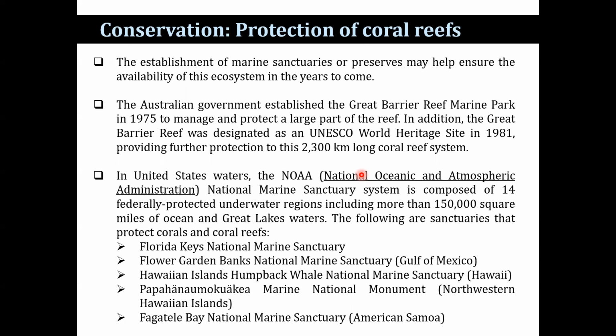The following are sanctuaries where protected corals are important: Florida Keys National Marine Sanctuary, Flower Garden Banks National Marine Sanctuary, that is the Gulf of Mexico, Hawaiian Islands Humpback Whale National Marine Sanctuary, Northwestern Hawaiian Islands, and Fagatele Bay National Marine Sanctuary, that is American Samoa.